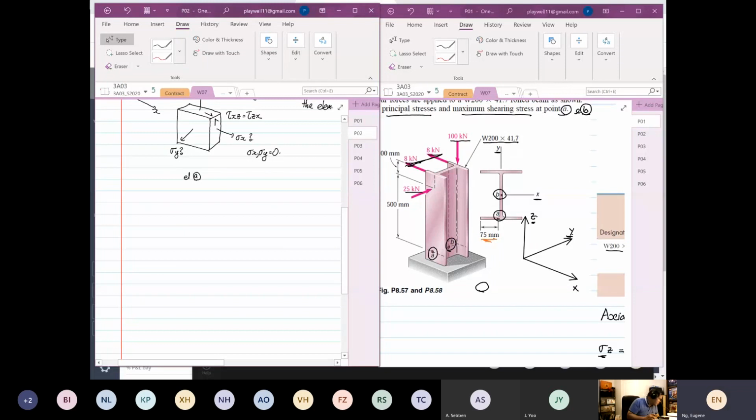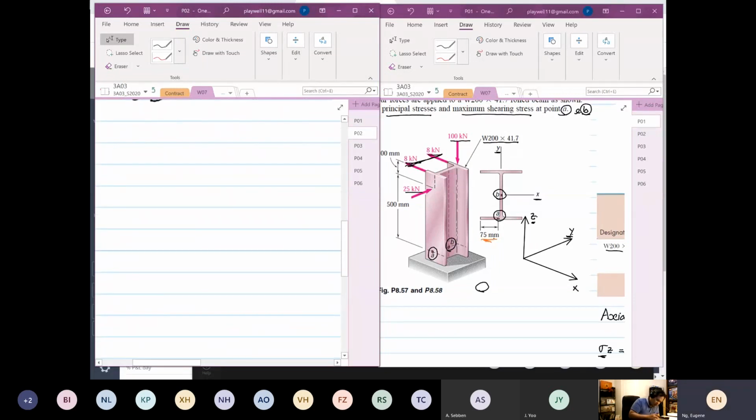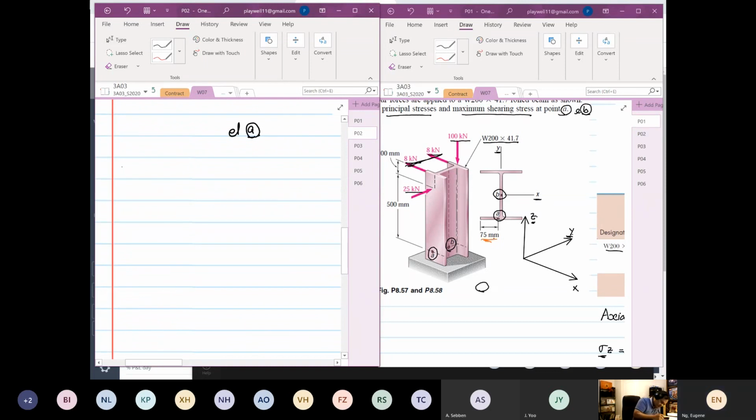So we're going to find the shear XZ generated by Vx.